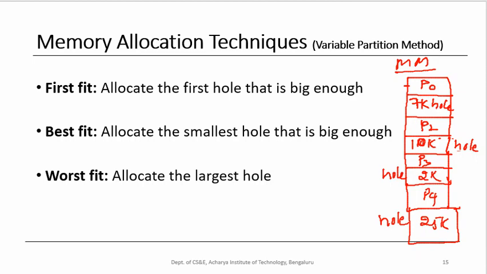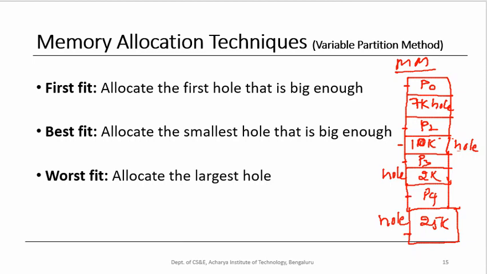After that there is a hole, free space of size 7K. Then there is a process P2. Then there is a hole, in the sense some other process was in this part of memory, but it has finished and gone out of main memory, so there is a hole of size 10K, and there's process P3. Then there is a hole of 2K, then process P4, and then a hole of 25K.